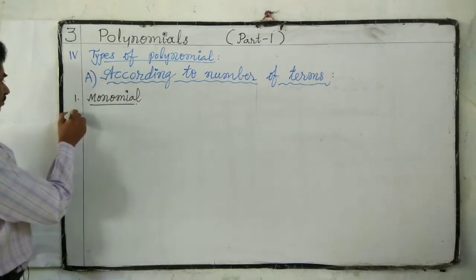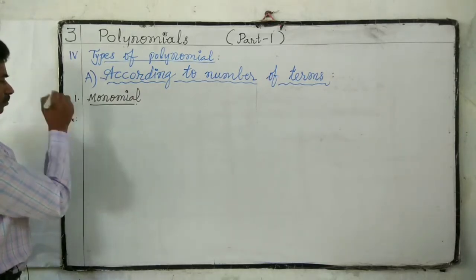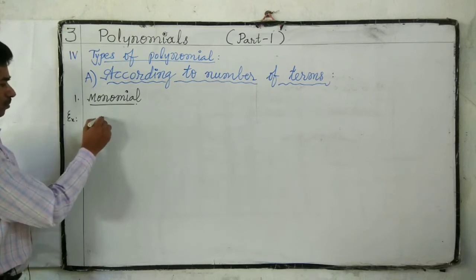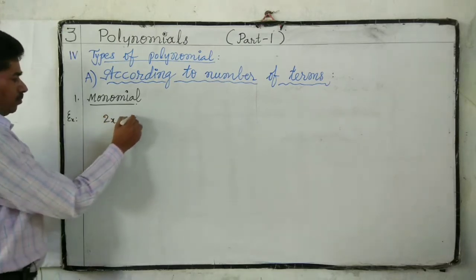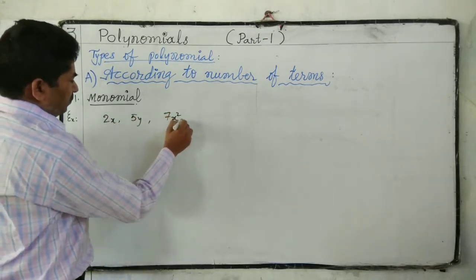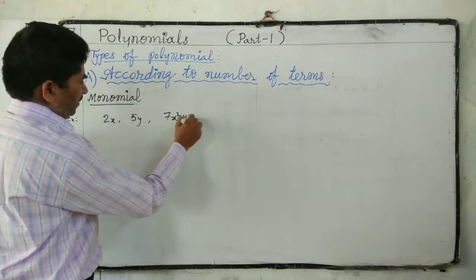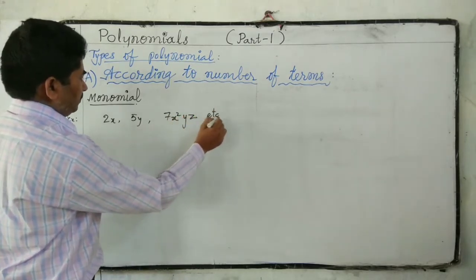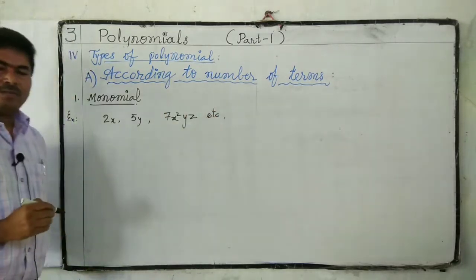Example, 2x, 5y, 7x square yz etc. These all are monomials.